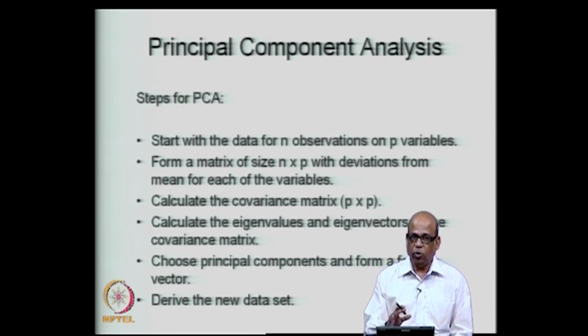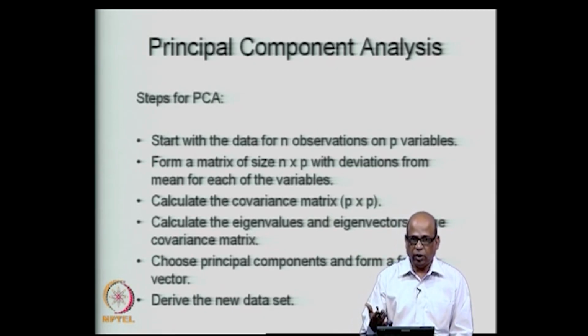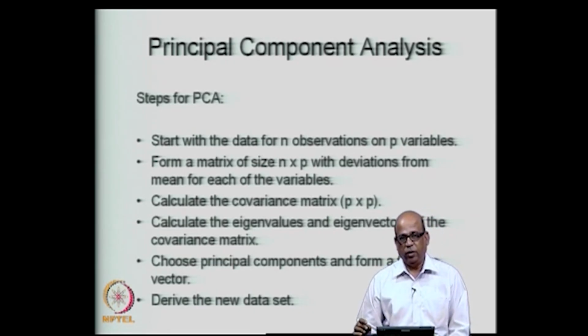They are all uncorrelated, the different principal components are orthogonal to each other. So, this is how we transform the original data set into a new data set, where you are dealing with uncorrelated variables and orthogonal vectors.